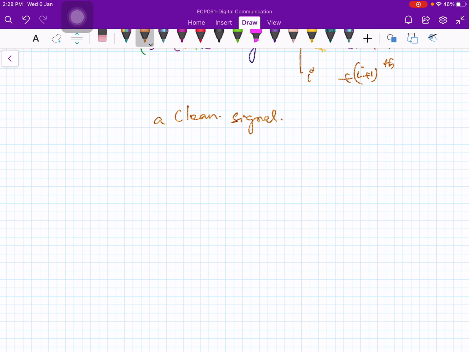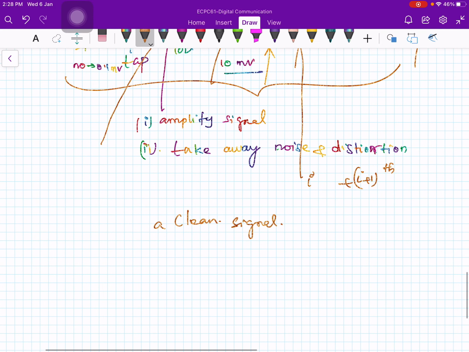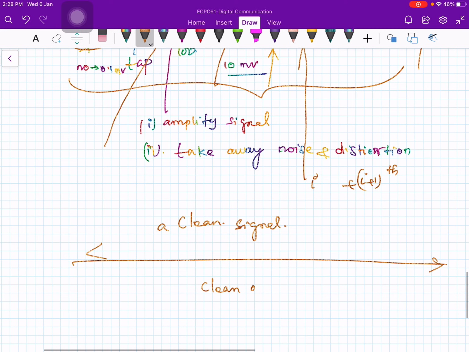You get noise and distortion ultimately not for the entire propagation path, but only for a small segment of the propagation path. And that small segment is very easy to remove, and again you can clean it off. Cleaning off is very easy in digital communication.